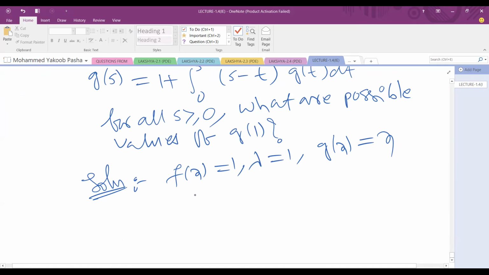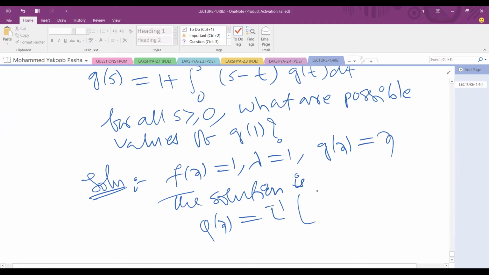Now write the solution. The solution is g of x అనేది తీసుకుంటున్నా నేను ఓకే లేదంటే పై ఆఫ్ ఎక్స్ అని తీసుకున్నాం ఇక్కడ g of x అక్కడ g of x కన్ఫ్యూజ్ కాకుండా ఇన్వర్స్ లాప్లాసియన్ ఆఫ్ f of x is 1 minus lambda is 1 Laplacian of g of x.